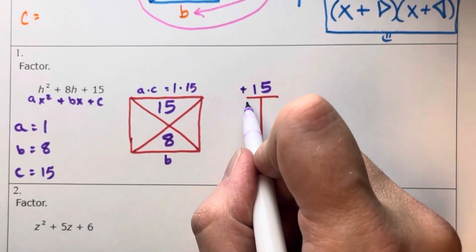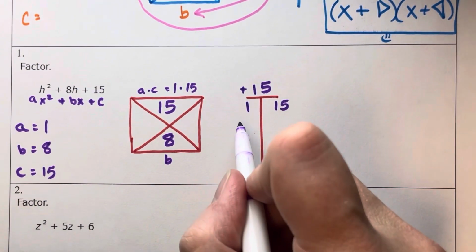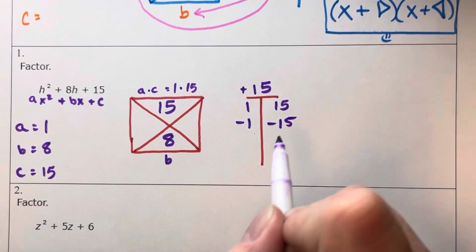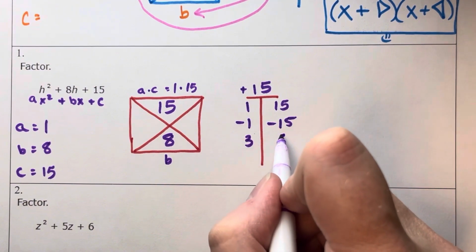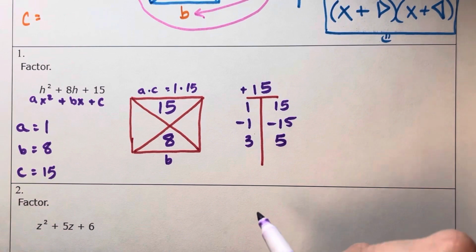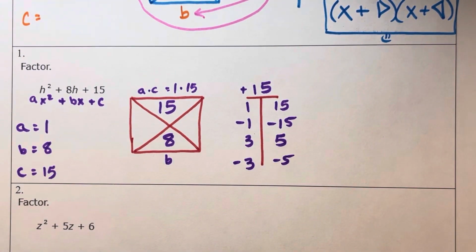So a positive 1 times a positive 15 would make 15. And so also a negative 1 times a negative 15 would make a positive 15. 3 times 5, a positive 3 times a positive 5 would make a positive 15. And a negative 3 times a negative 5 would also make a positive 15.